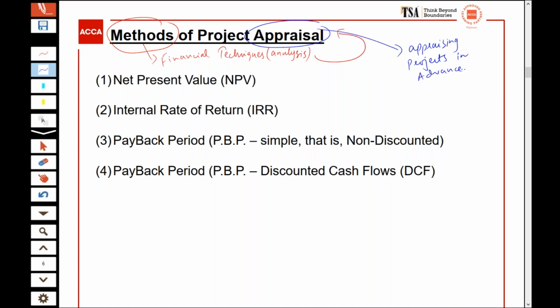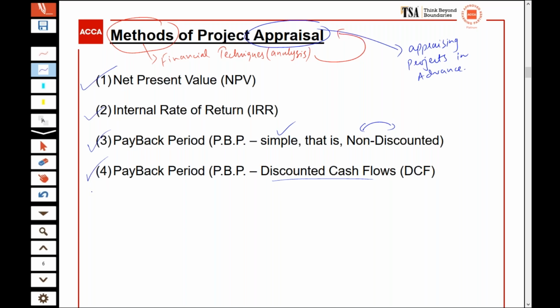And we have 4 different techniques in our paper MA. Number 1 is NPV, net present value, internal rate of return, IRR, payback period, simple, that is non-discounted, payback period, discounted cash flows. Obviously we will be studying them one by one in the upcoming slides.